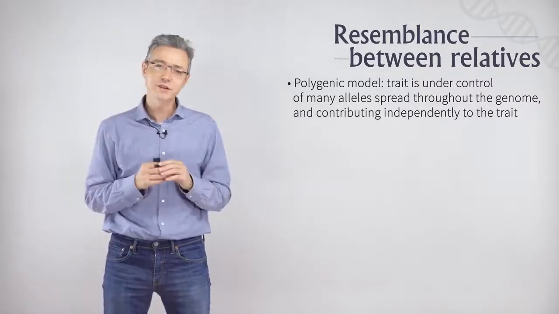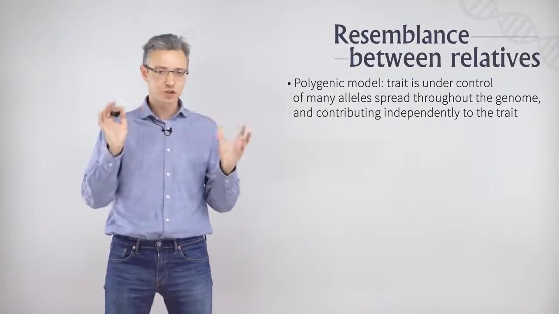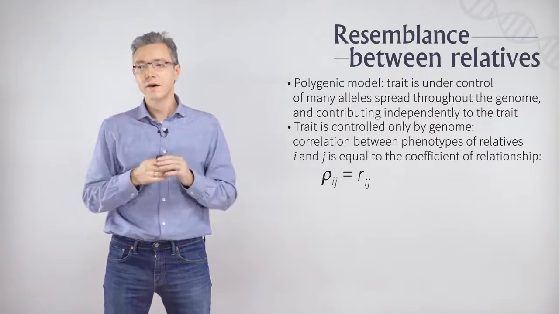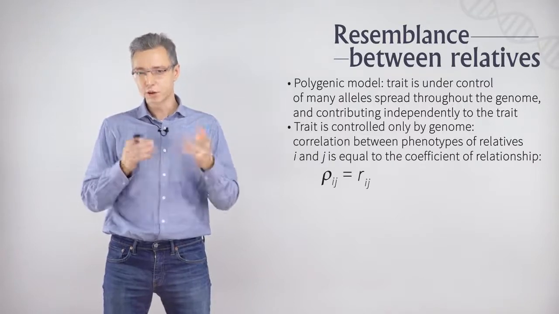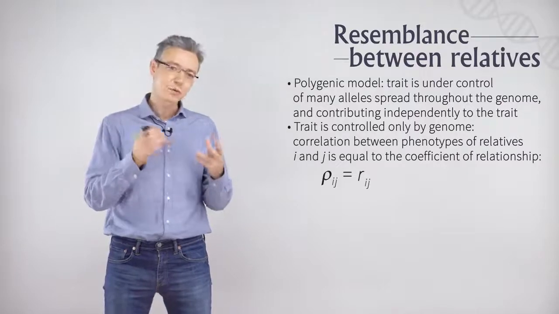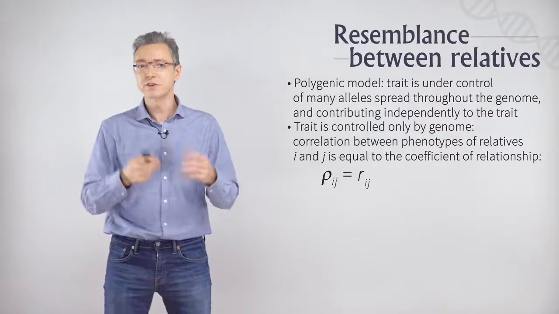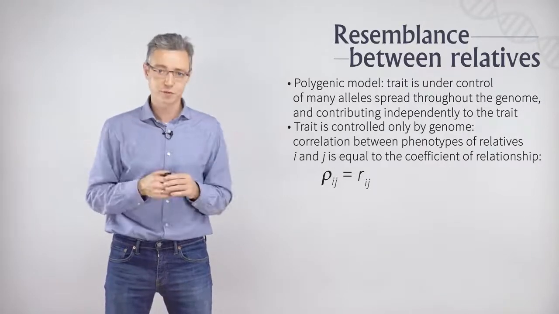Because if we imagine a trait which is totally controlled by genes, by the genome, then we would expect that the correlation between the phenotypes of the relatives is exactly the correlation between their genomes. But we already defined that the correlation between their genomes is the relationship coefficient.